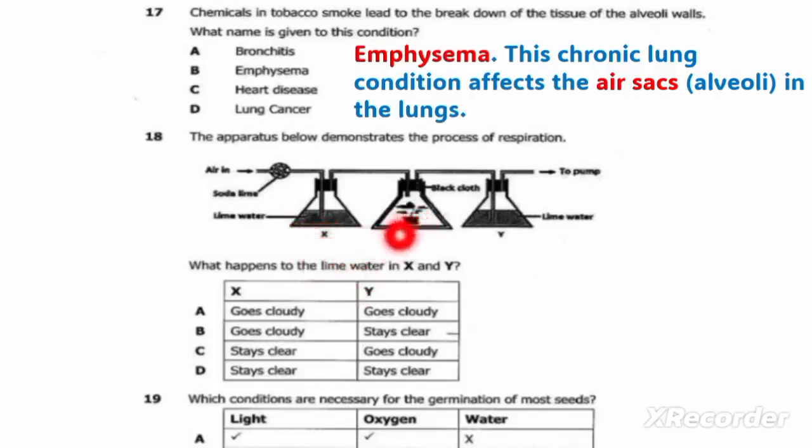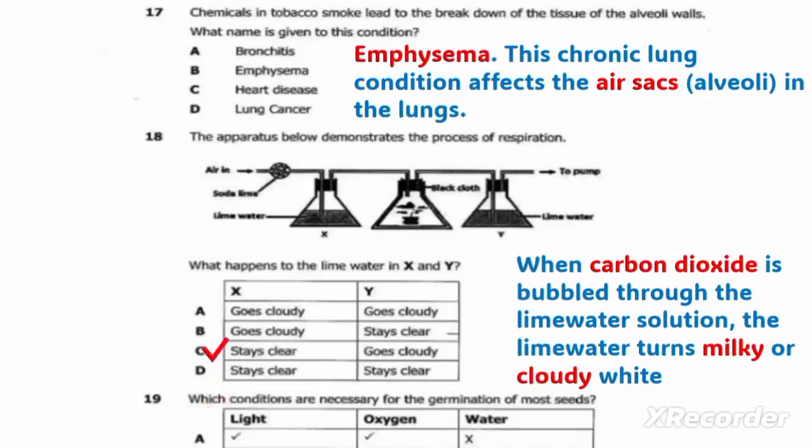Then we are told that here respiration is taking place, and one of the products of respiration is carbon dioxide. So carbon dioxide will pass through this tube and through the lime water, and this carbon dioxide will turn the lime water milky or cloudy. So therefore, our correct answer is C.